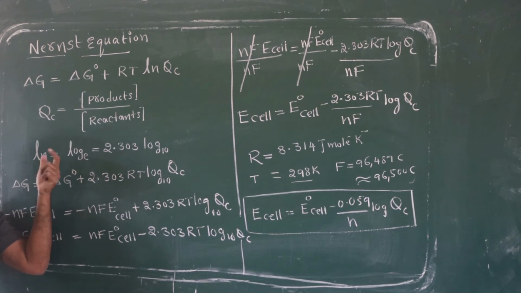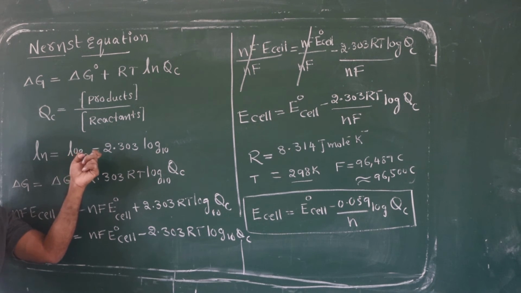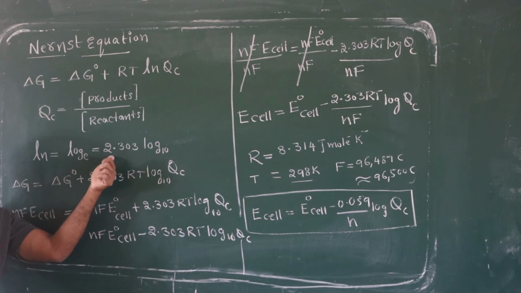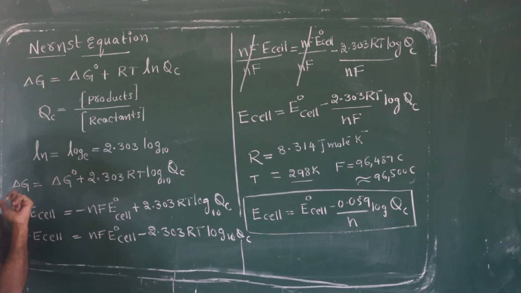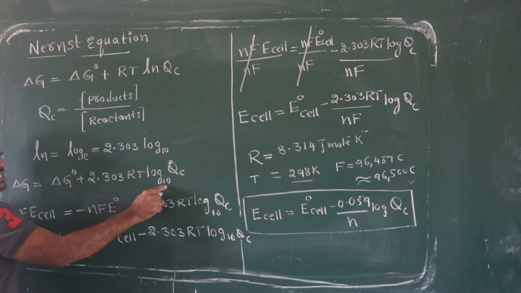Natural logarithm is nothing but log base e. We can convert it into log base 10 by multiplying with 2.303. Then instead of natural logarithm you substitute log base 10 Qc.